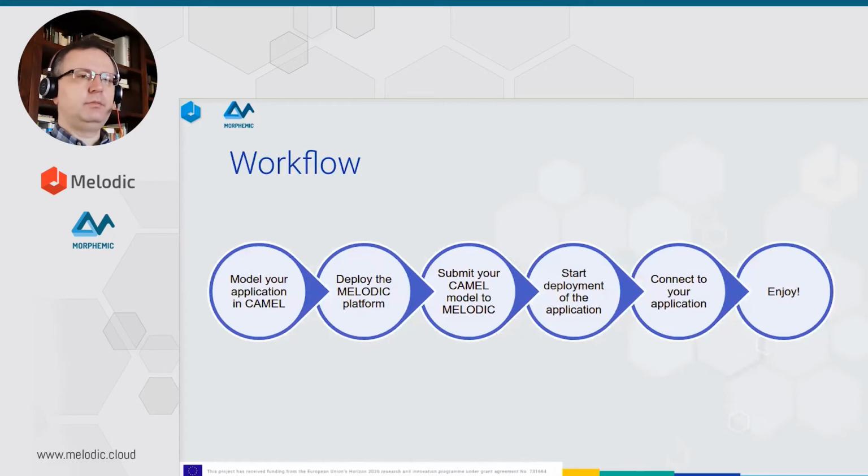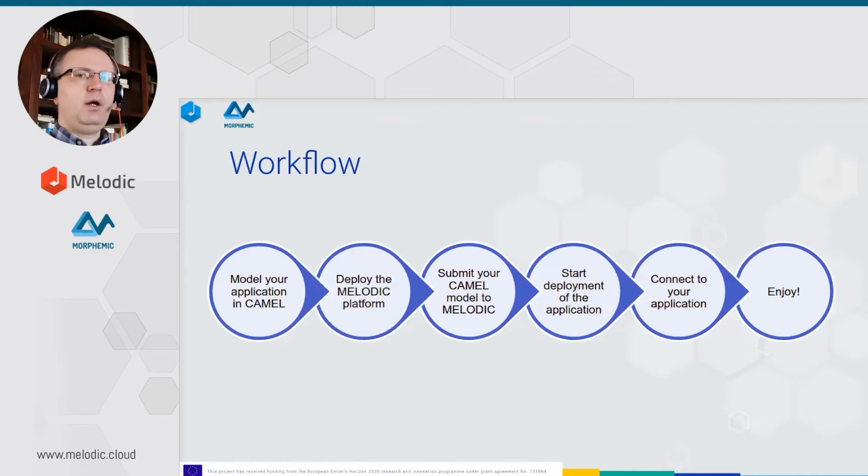That's the most typical use case application. Of course, we have more users of Melodic. All of these stories are described on the Melodic website, so I really encourage you to take a look and go deeper into that.